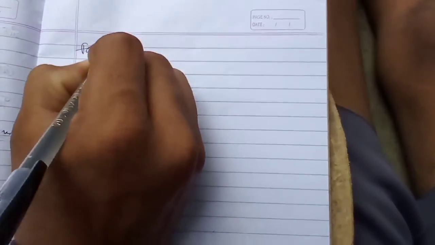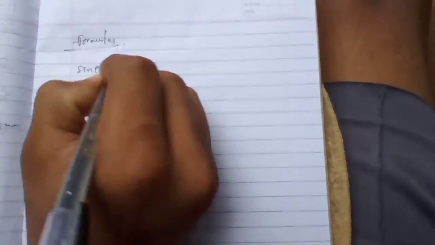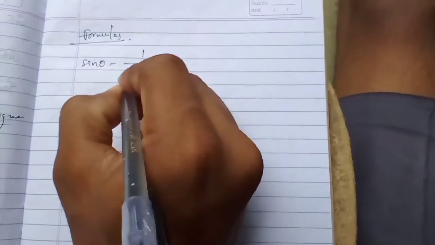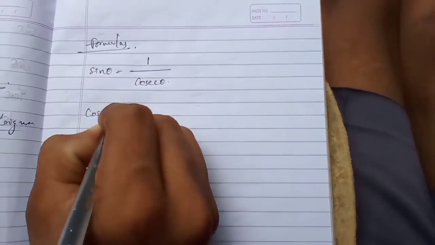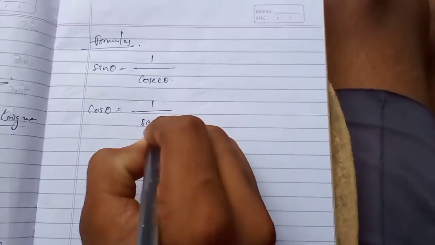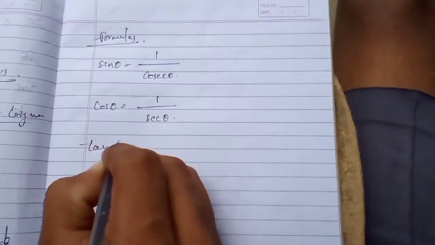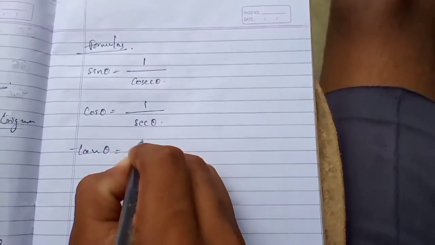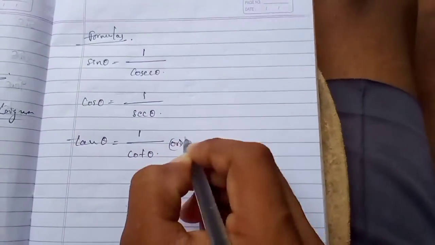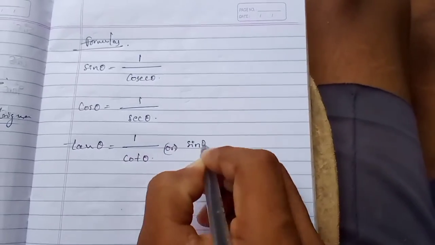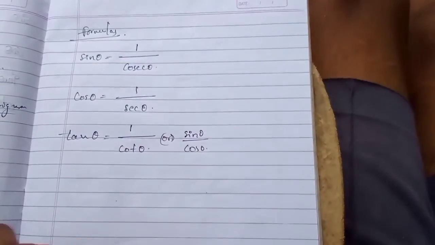Coming to the formulas: sin theta equals 1 by cosec theta, cos theta equals 1 by sec theta, tan theta equals 1 by cot theta or sin by cos.